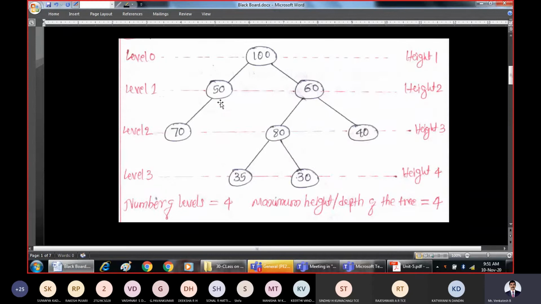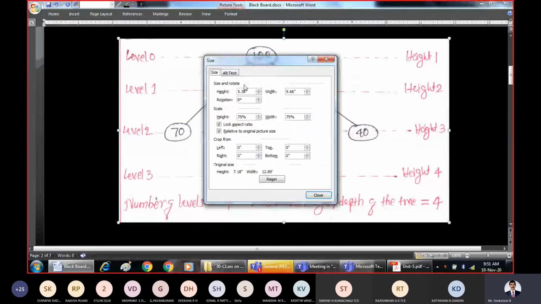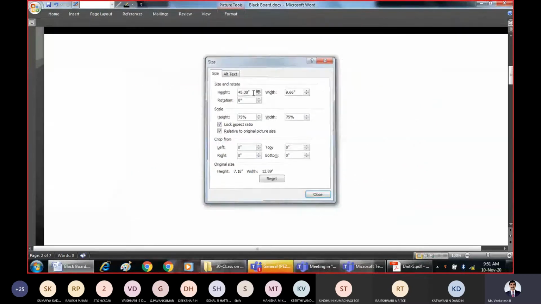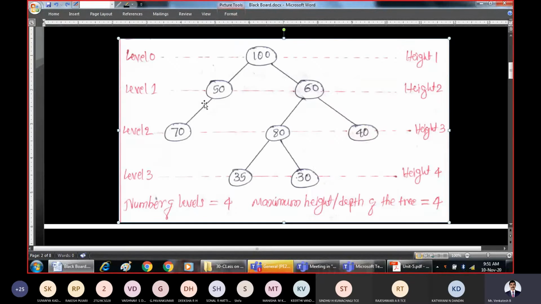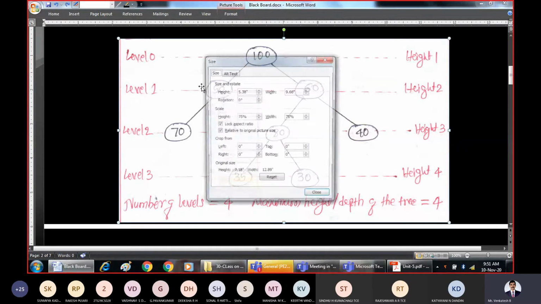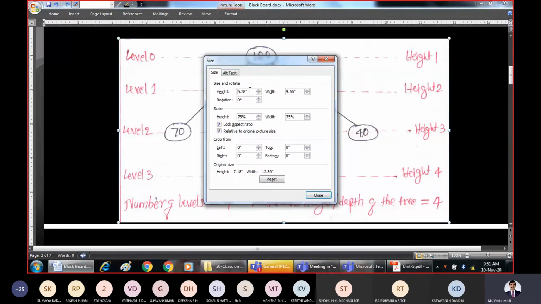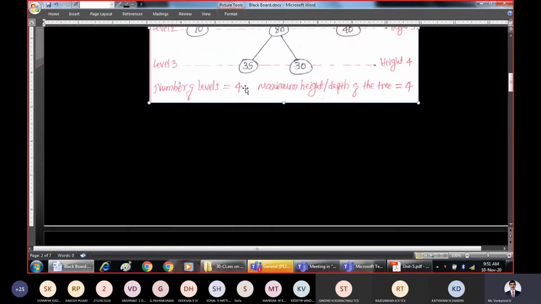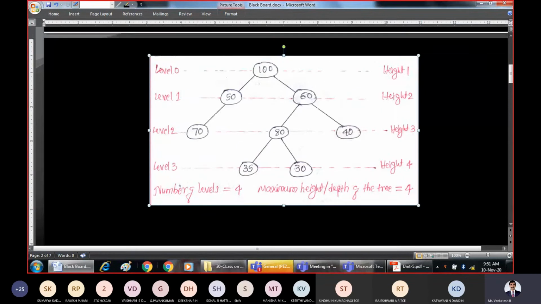Right, this is our tree data structure, and let us see the different definitions.